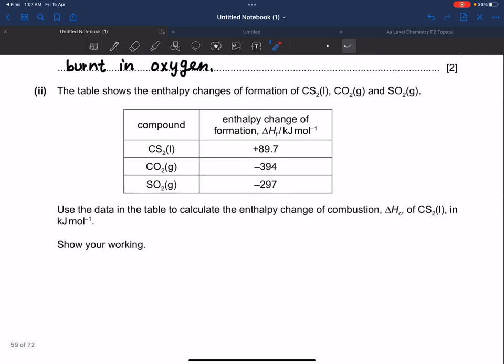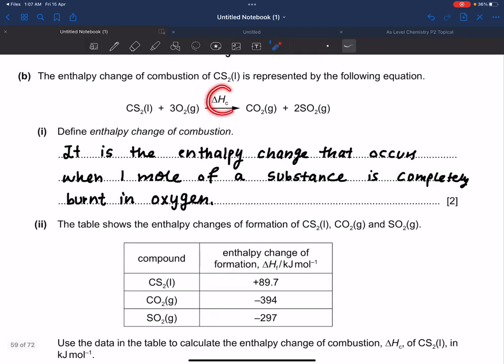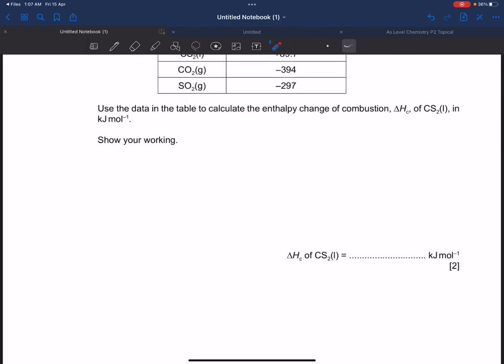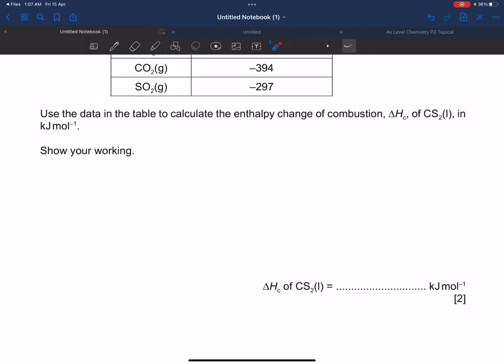So what you're going to do is this standard enthalpy change of combustion is basically the enthalpy change of reaction. You're going to apply a formula: we calculate the enthalpy change of reaction, which is in this case combustion, and it is equal to the sum of enthalpy changes of formation of products minus the sum of enthalpy change of formation of reactants.